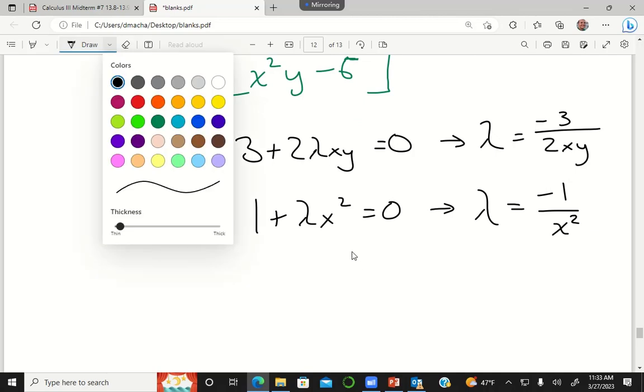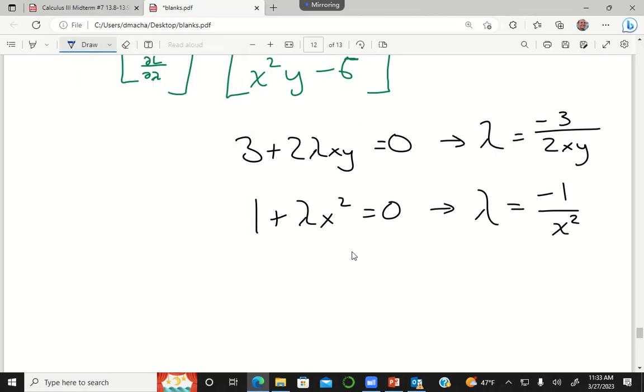And now I can eliminate lambda from the system of equations just by setting these 2 expressions equal to each other. If lambda equals lambda, then negative 3 over 2xy is equal to negative 1 over x squared. So I can cancel out an x.